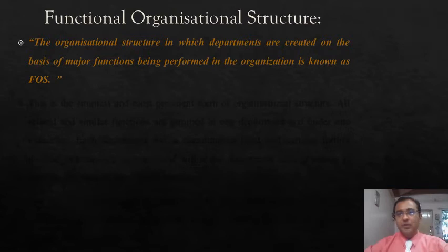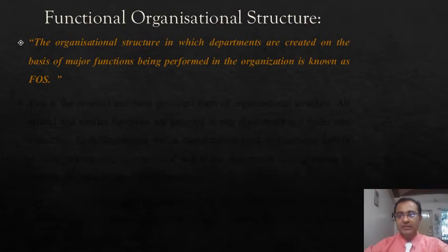So the organizational structure in which the departments are created on the basis of major functions being performed is considered a functional organizational structure. Once again, dear, functional organizational structure divides the organization on the basis of the main functions being performed.